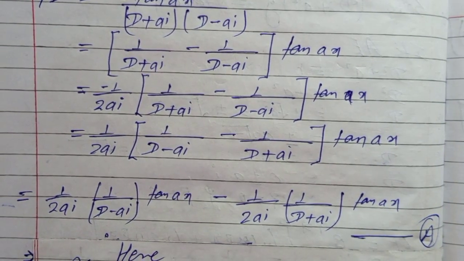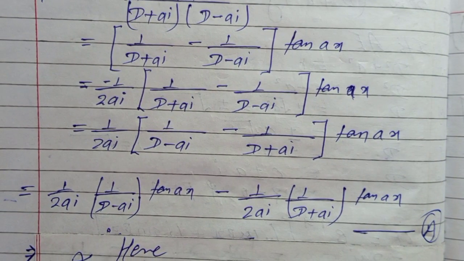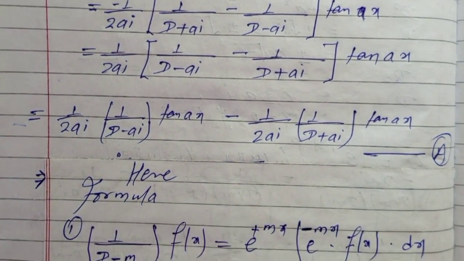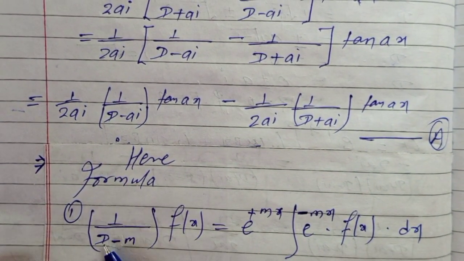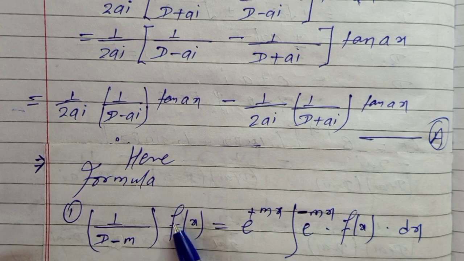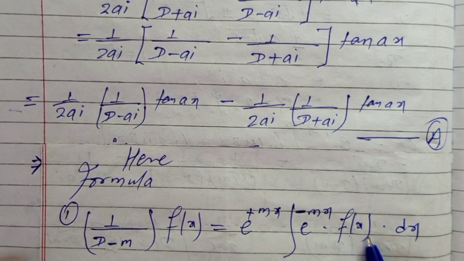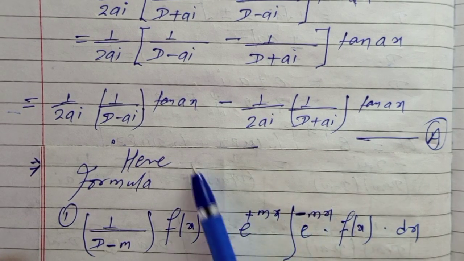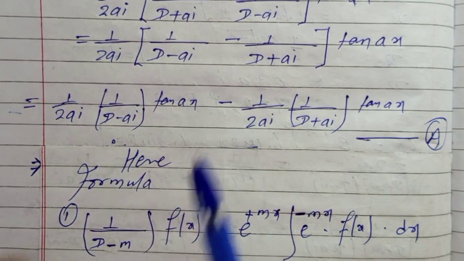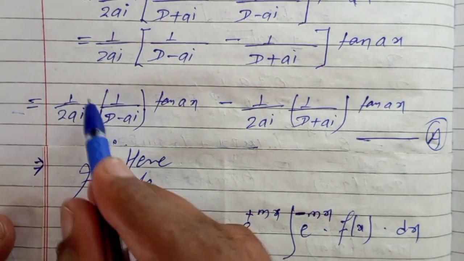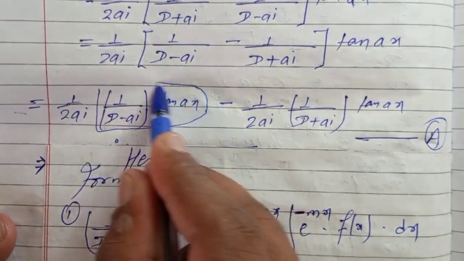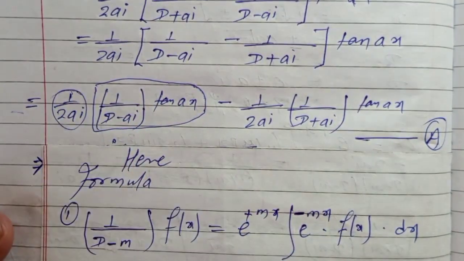Here we are going to use a formula. Which formula? This one, 1 by D minus m function of x equals this one, as we have discussed already. So first we are going to solve for the first term. The coefficient we will see later on.